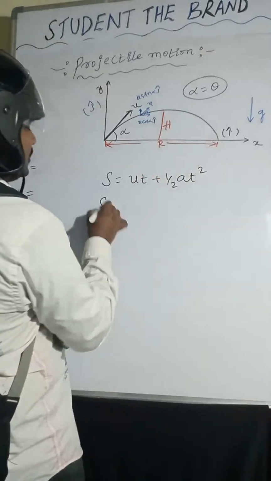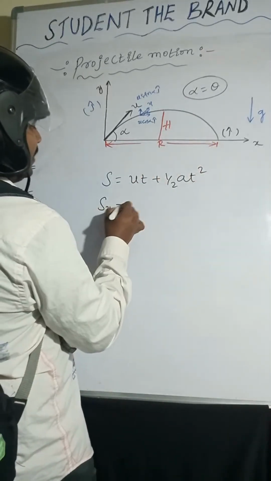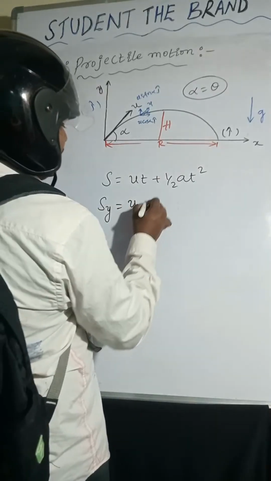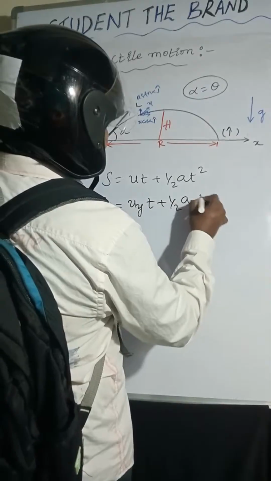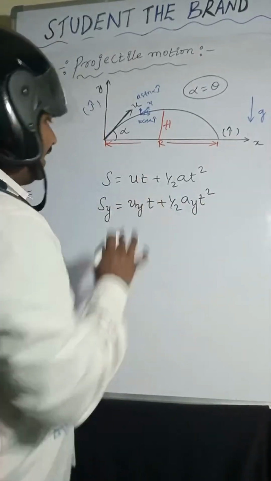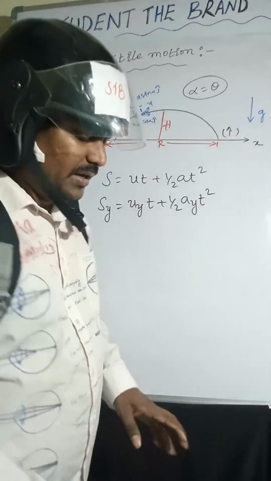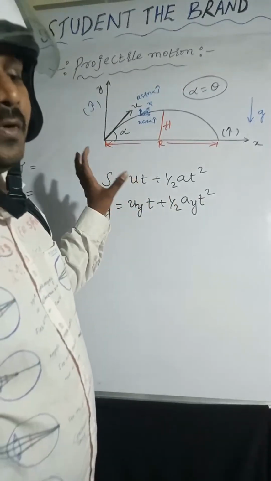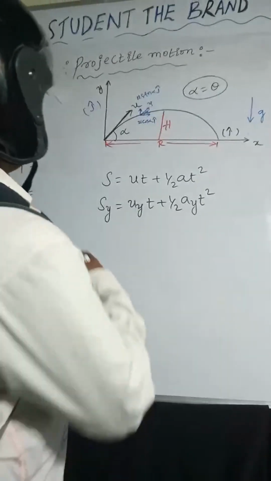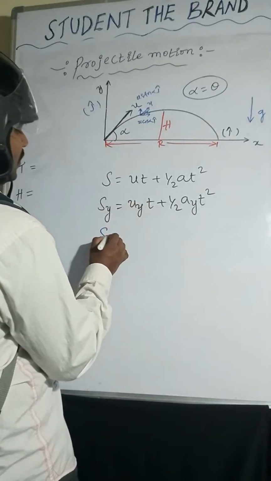Along the y-axis: y equal to uy into t plus half into ay into t square. Here the conditions are very, very important, so keep that in mind. Sy equal to 0.